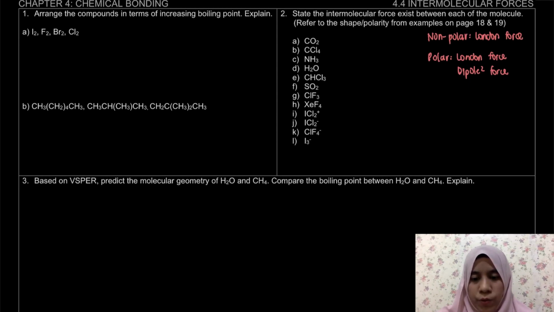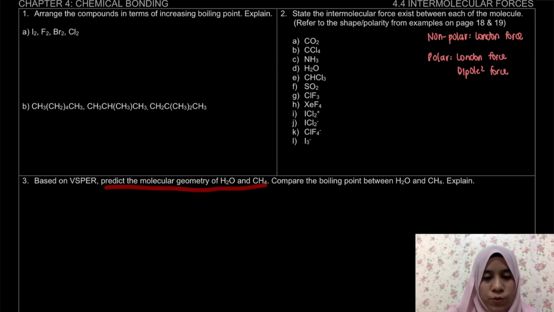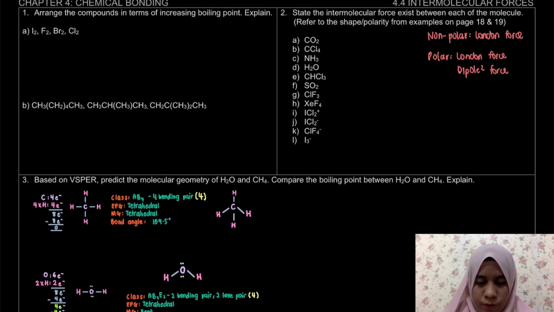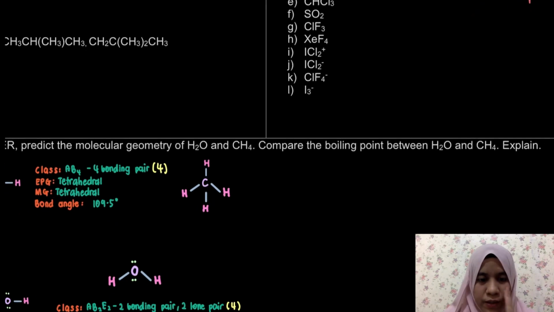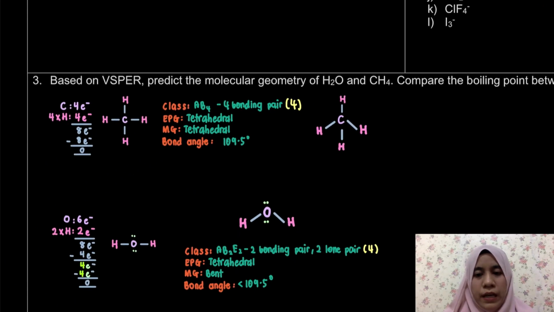Compare the boiling point between H2O and CH4. Explain. Okay, so first thing first, what I'm going to do is predict the molecular geometry of H2O and CH4. From here, I have written it down already. But what we're going to do is, if the question gives you this type of question, what we're going to do first is you have to draw the Lewis structure.